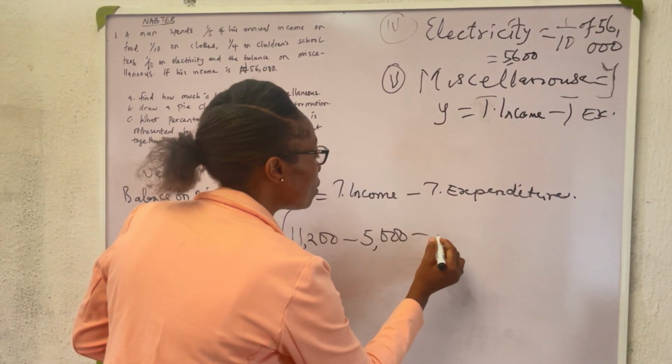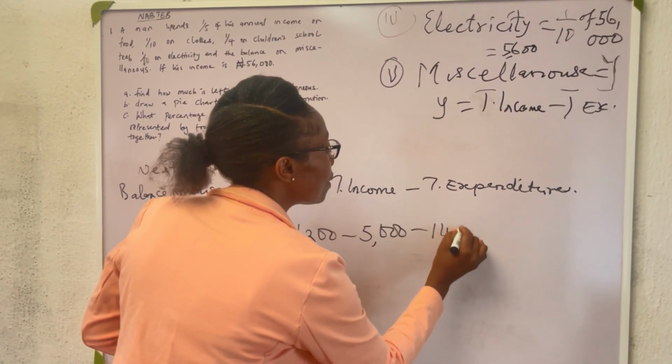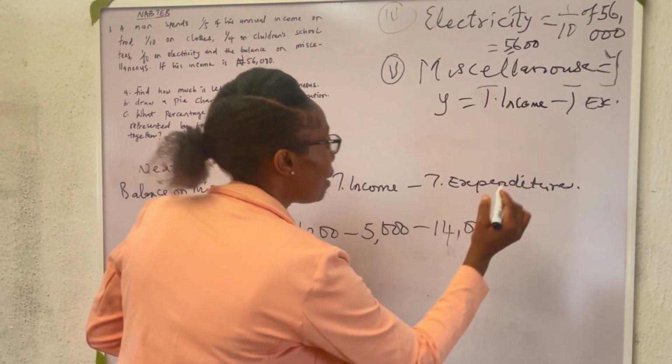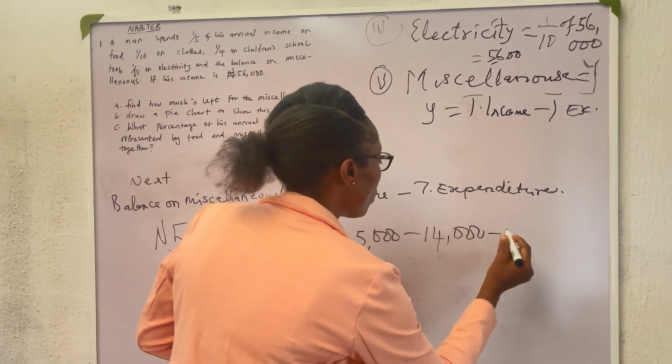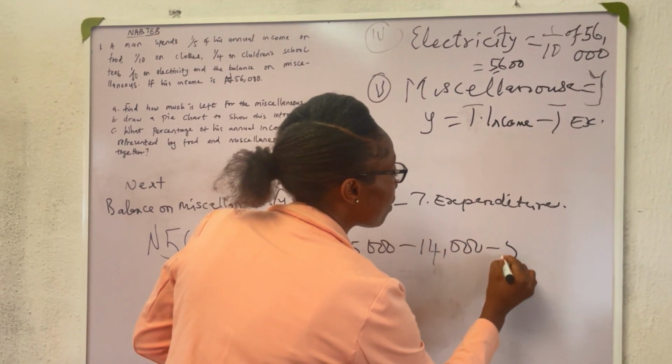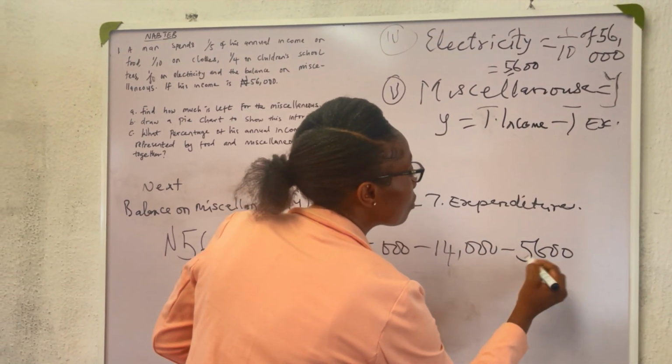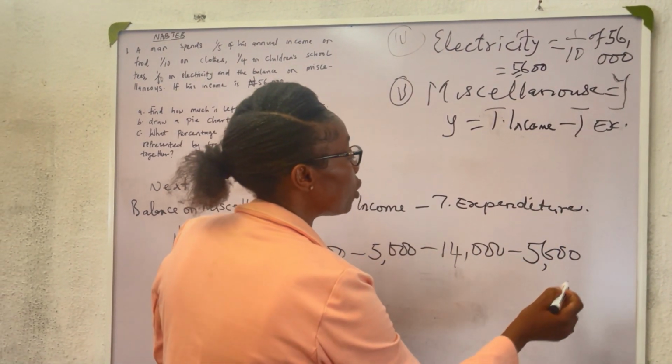School fees is what? 14,000. And the last expenditure was on electricity. Electricity was still 5,600. That was all the expenditures.